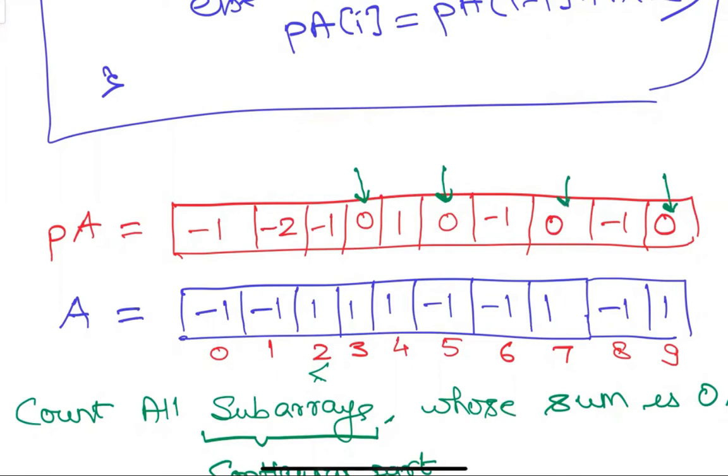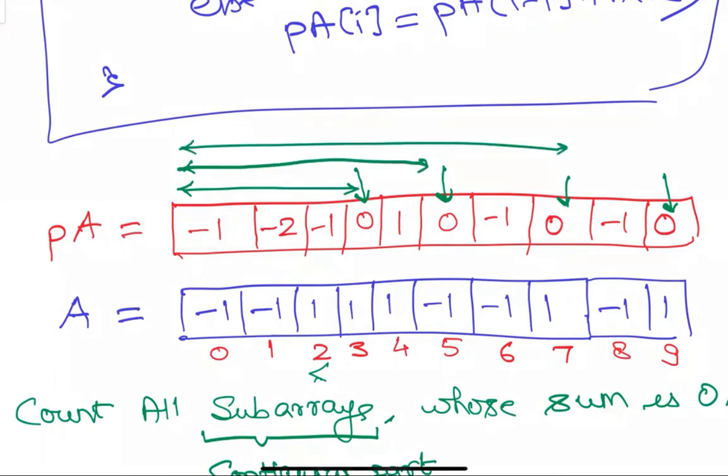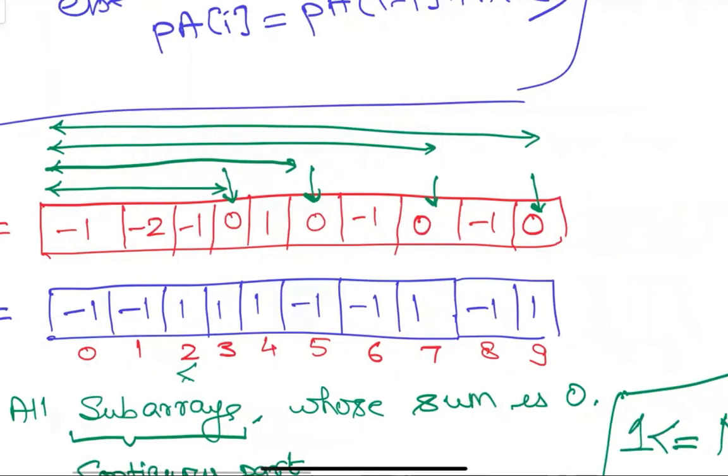And which are those subarrays? 0 to 3, 0 to 5, 0 to 7, 0 to 9. So at least starting from index 0, whatever had a direct prefix sum 0, those you are able to directly observe from this 0 value. So far we got 4 subarrays.